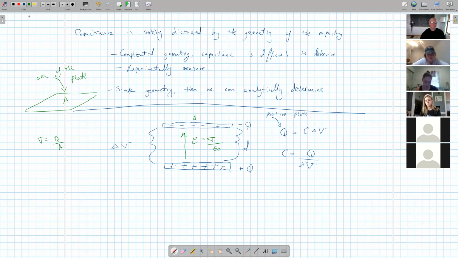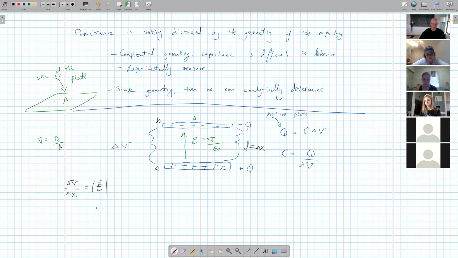Since the electric field is a constant, we can do what we talked about with potential yesterday: the potential divided by the change in distance is equal to the magnitude of the electric field. If I'm starting at point A and going to point B, my change in distance is simply the distance between the two plates, the gap separation.